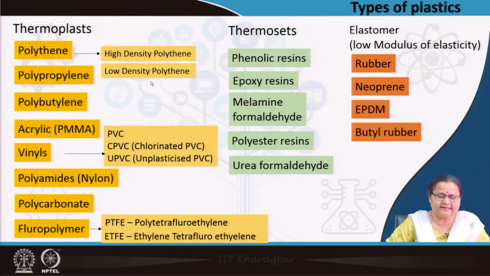Similarly, with the vinyls you have polyvinyl chloride, chlorinated polyvinyl chloride and unplasticized polyvinyl chloride. Also on the fluoropolymer side you have polytetrafluoroethylene and ethylene tetrafluoroethylene, PTFE and ETFE.